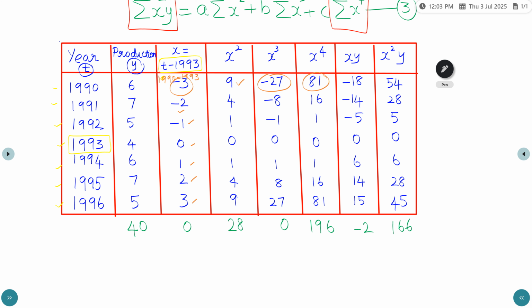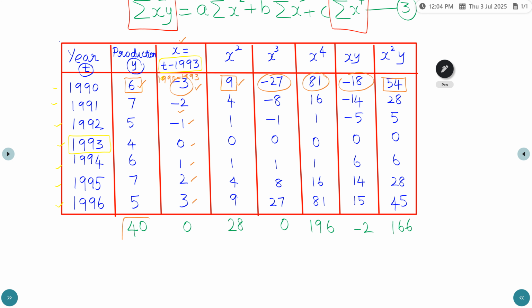Then xy value, x value minus 3, y value 6, so minus 3 into 6 is minus 18. The next one, x squared y value. x squared is 9, y value is 6, 9 sixes are 54. So similarly for all the values, the last one is summation value.